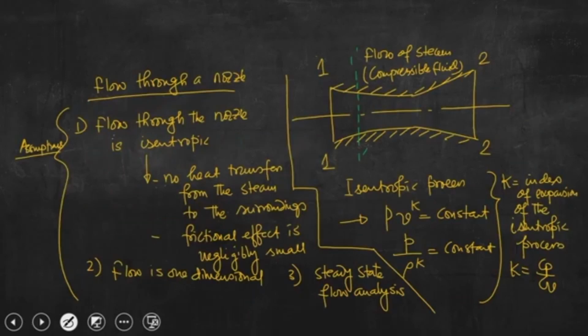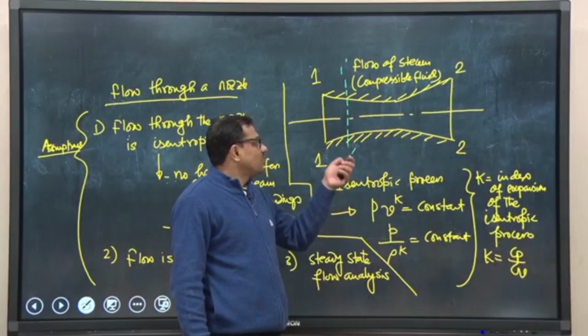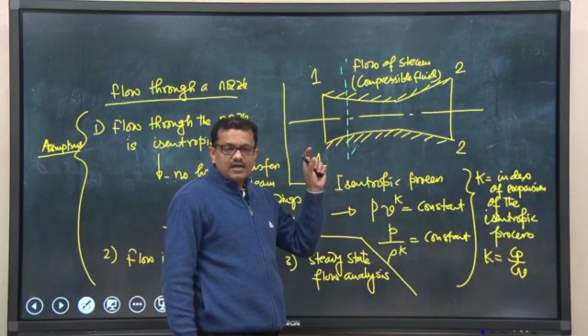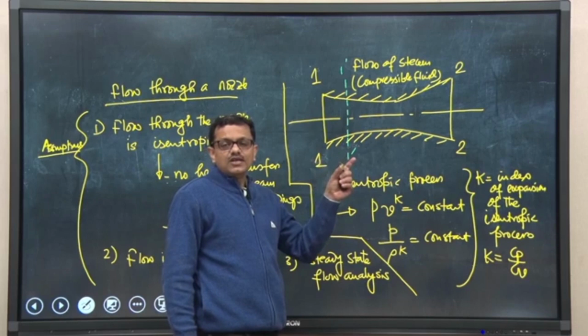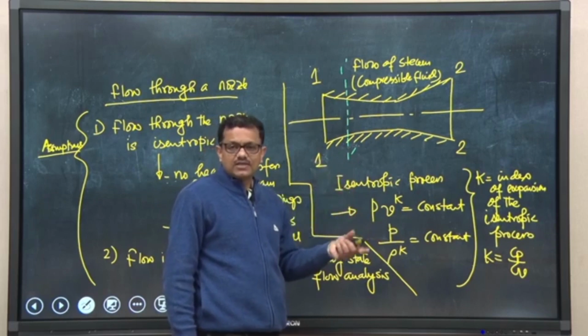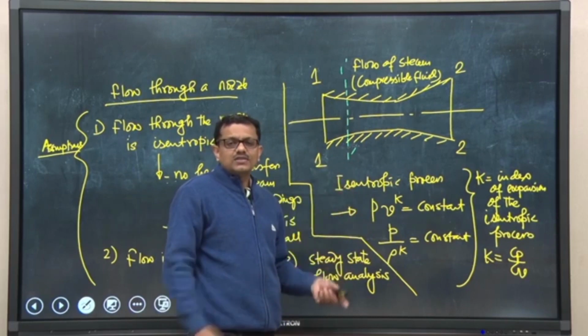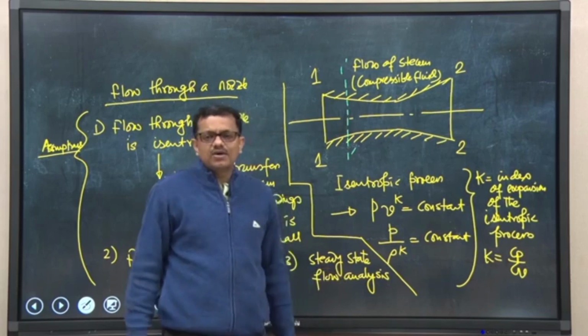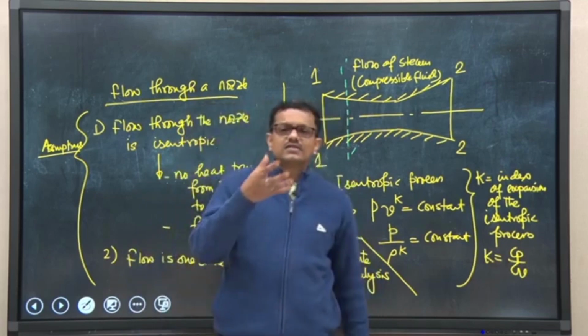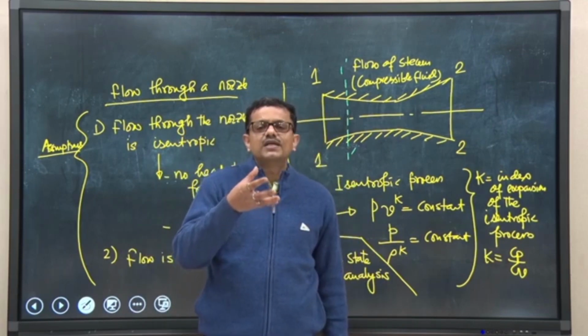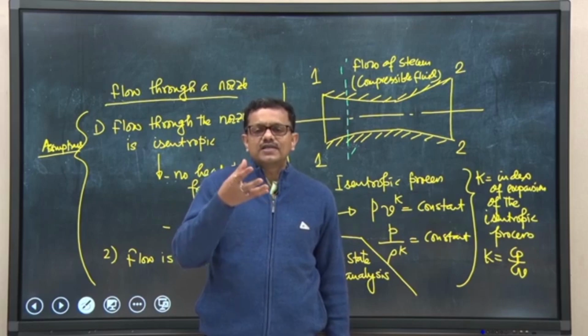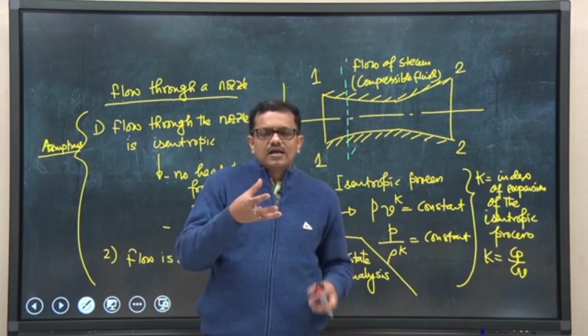A few minutes back I discussed that the objective of the flow analysis through the nozzle is to know what the area at the exit of the nozzle should be to get the desired flow velocity of the steam. That velocity is essential because the higher the velocity of the steam jet, the higher the impingement and the more the deflection.